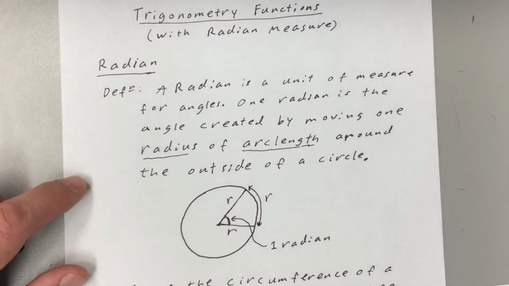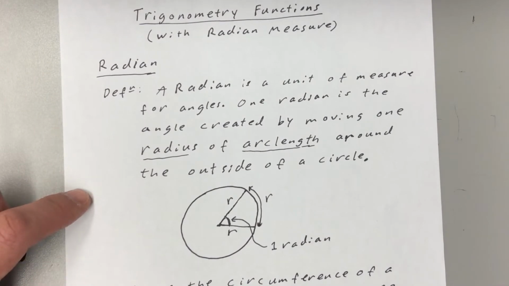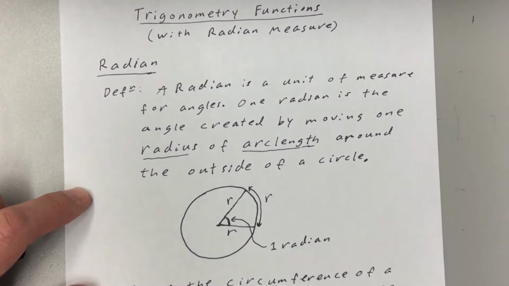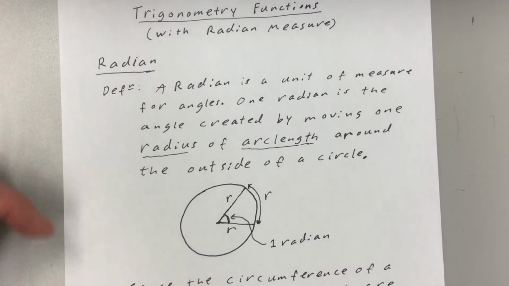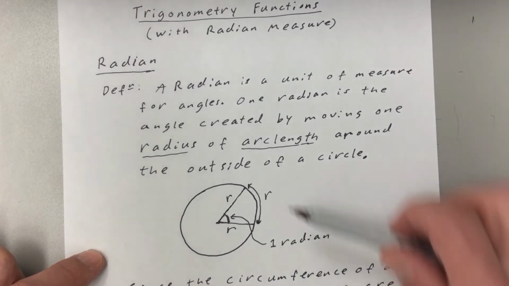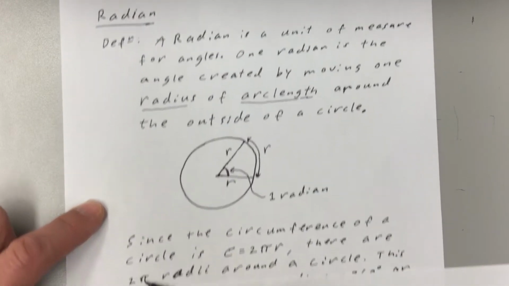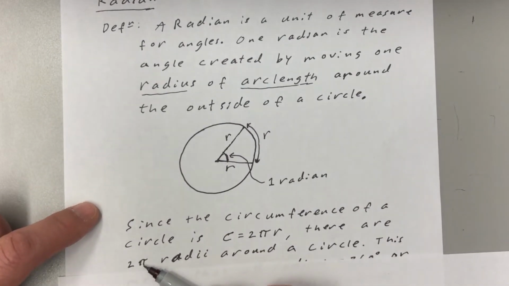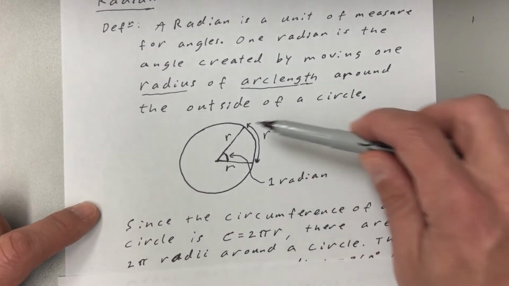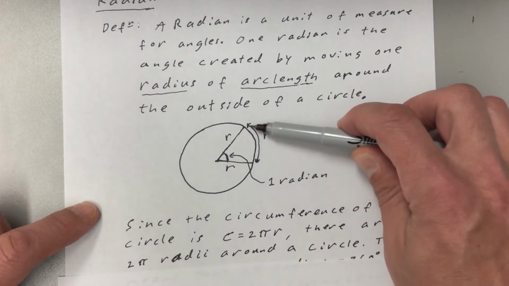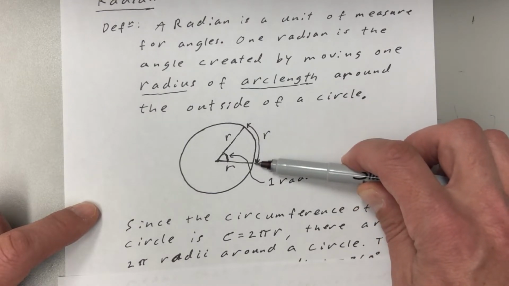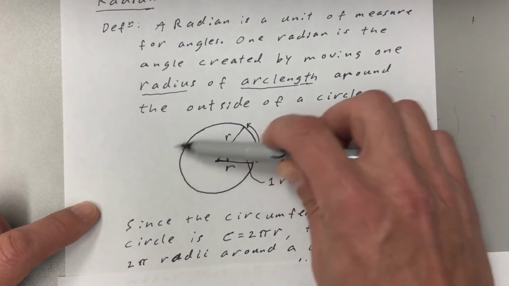Since the circumference of the circle is C equals 2 pi r, there are 2 pi radii around a circle. Pi is 3.14, so 2 pi radii around a circle means that there are about 6.28 of these radii around a circle.